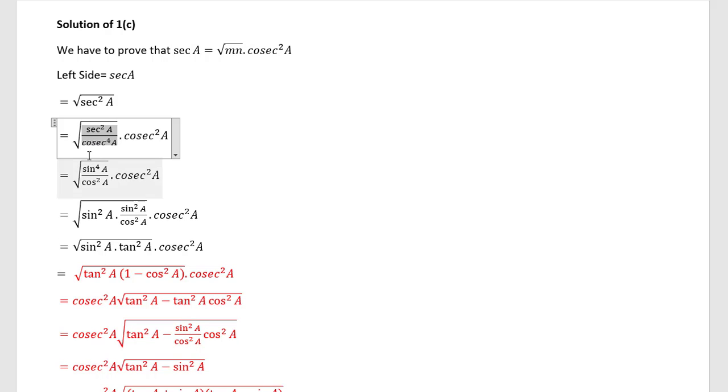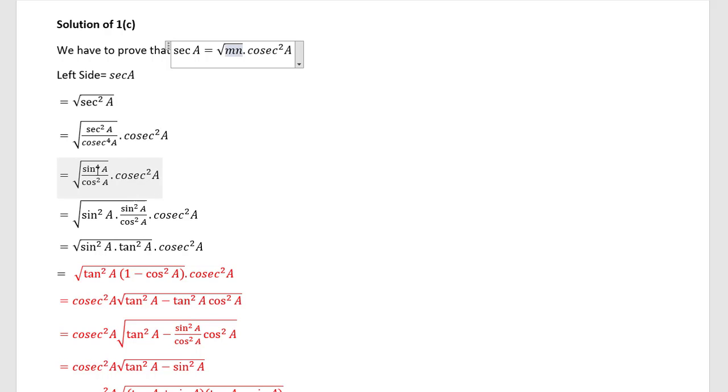So to do this, we will divide this cosec power 4 into two parts. We will need to introduce mn, so we have to convert this in sine and tan.